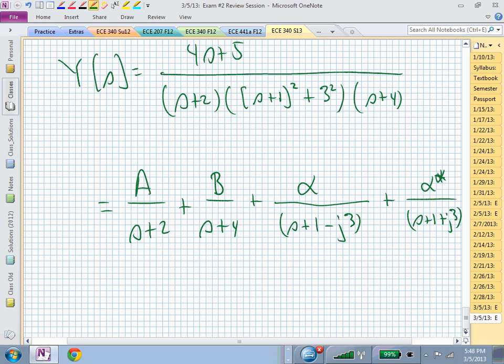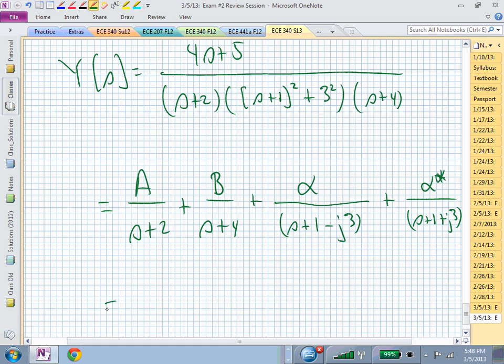And now you would want to then find alpha, which is going to in general be a complex number, and you can find A and B. Is that clear? You don't have to do it that way, but yes, so you could write this.